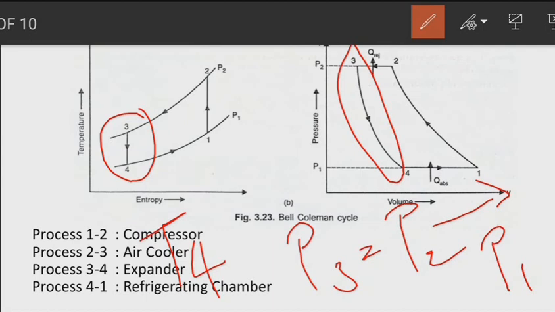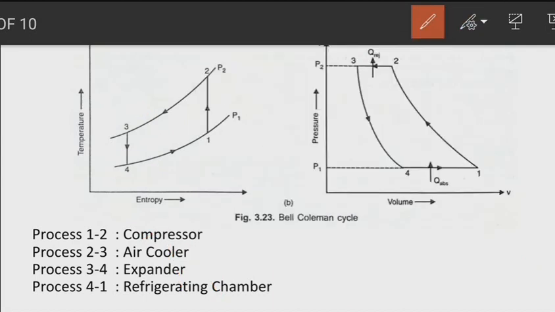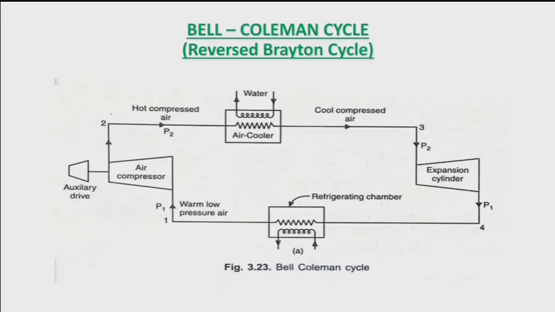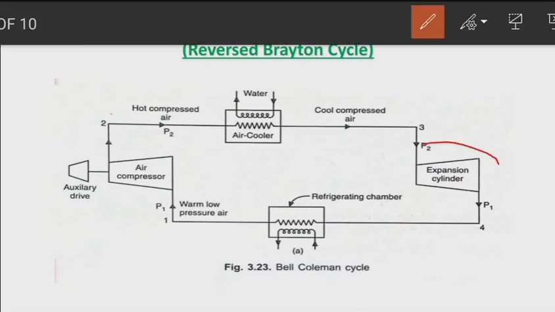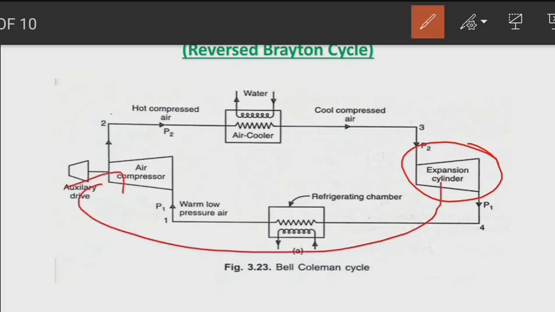This expansion cylinder work is supplied to the auxiliary air compressor for its running. So in the expansion cylinder we get work, and that work assists the air compressor.